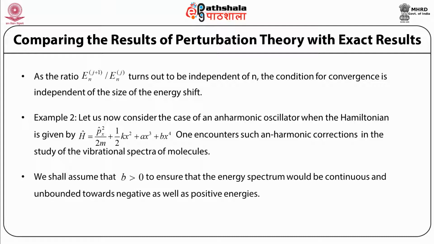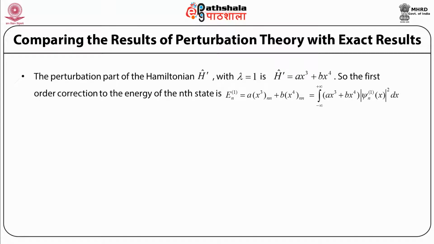We shall assume that b greater than 0 to ensure that the energy spectrum would be continuous and unbounded towards negative as well as positive energies. The perturbation part of the Hamiltonian, H prime with lambda equals to 1, is H prime equals a x cube plus b x to the power 4.